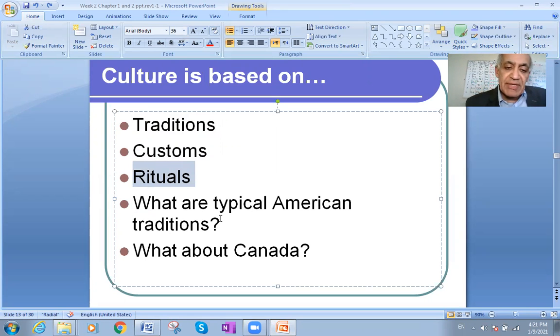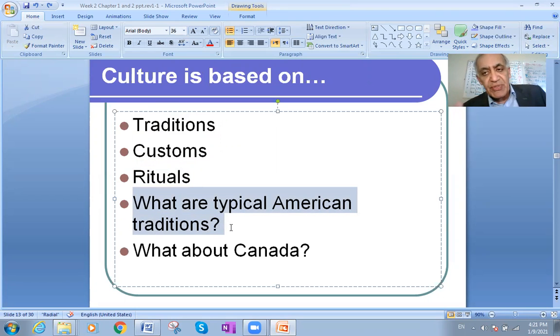What are the typical American traditions? So as long as you are from any country, just think about this question and say to yourself, what are the traditions of my back home culture? Okay.